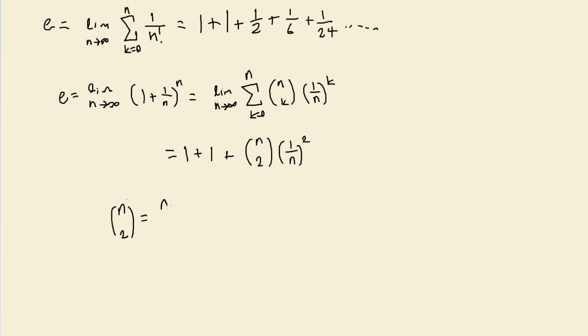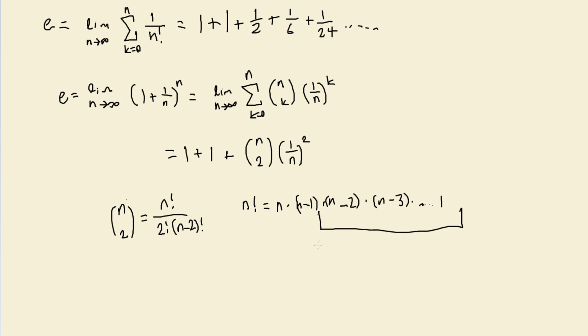is going to equal n factorial over 2 factorial times n minus 2 factorial. And n factorial is going to be equal to n times n minus 1 times n minus 2 times n minus 3 all the way down to 1. And n minus 2 factorial is just this section here.